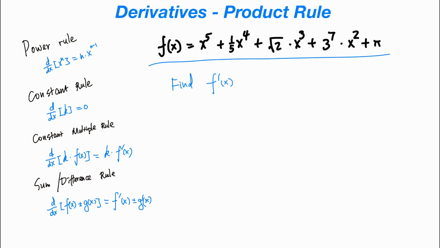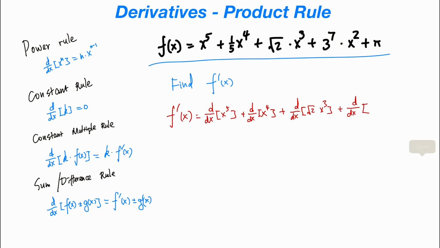So that would just be f prime of x is equal to d dx of x to the fifth plus d dx of x to the fourth plus d dx of root 2 x cubed plus d dx of 3 to the 7th x squared plus d dx of pi.